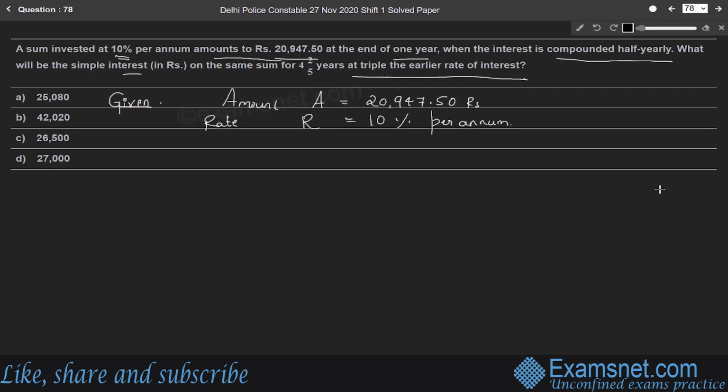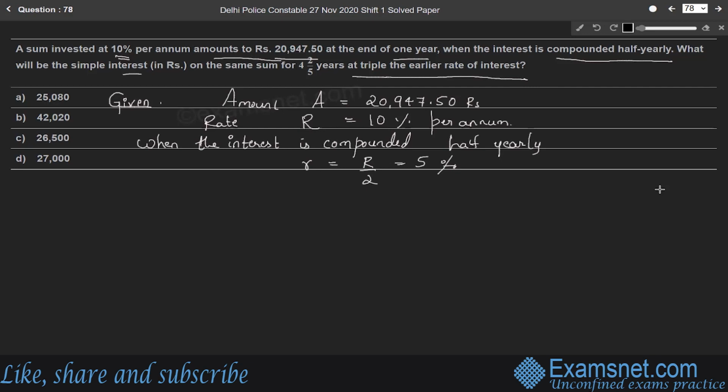10% per annum, right? So when the interest is compounded half yearly, the rate of interest R becomes R by 2, that is 5%.